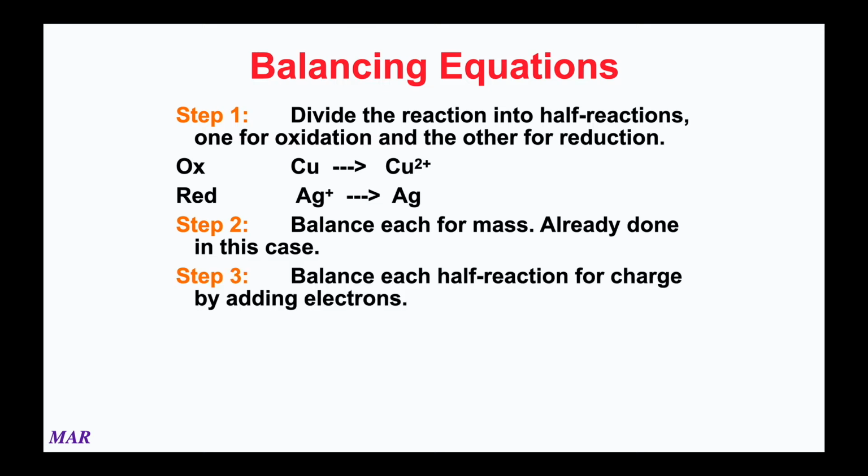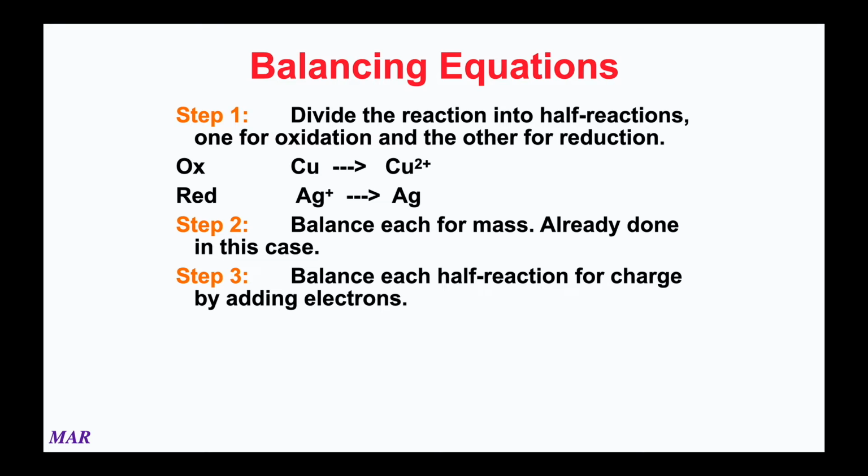Okay. Step 3, balance the half reaction for charge. And in order to balance for charge, the only thing you can do is add electrons. So if you look at the copper going to copper 2+, you have a 0 charge on the reactant side and a positive 2 charge on the product side. Well, 0 is not equal to positive 2, so this is not balanced for charge.